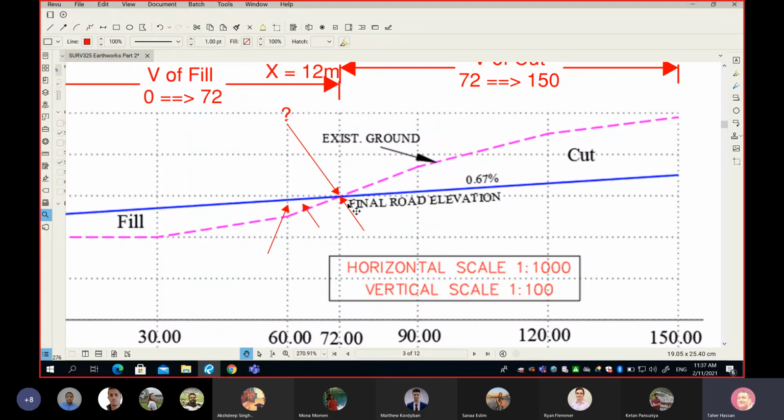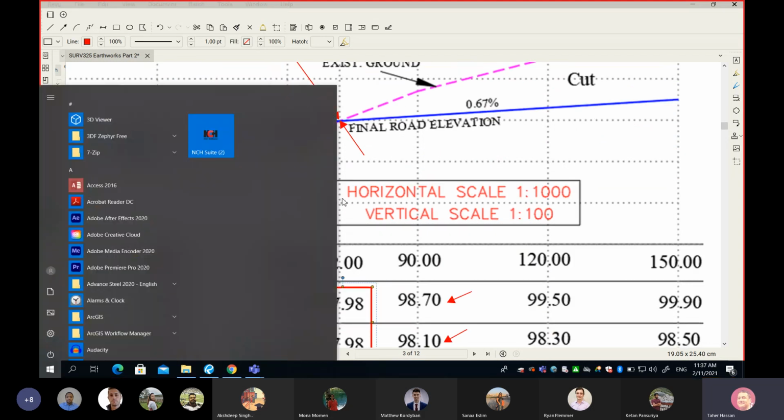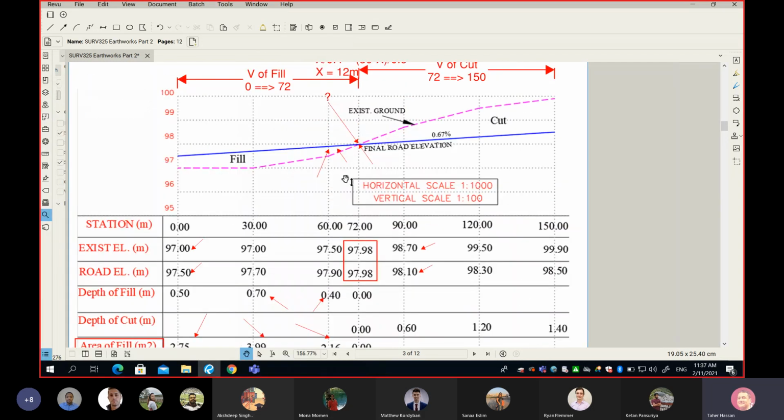So I guess it's easier to do it from the road. From the road, we know the station is 72, and you can simply get the elevation from the road start. I can show you here. We can say the elevation at the start is 97.5 plus 0.67% multiplied by 72. Can you check me, please?